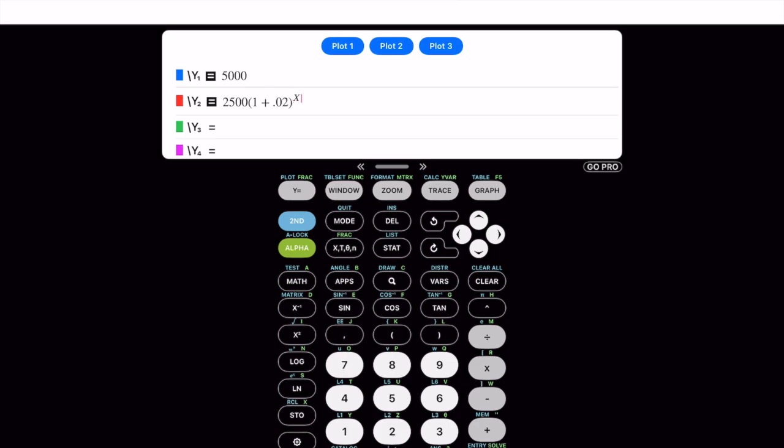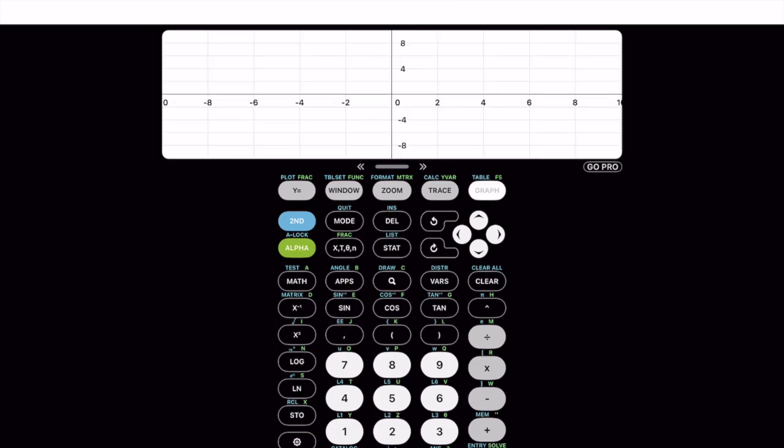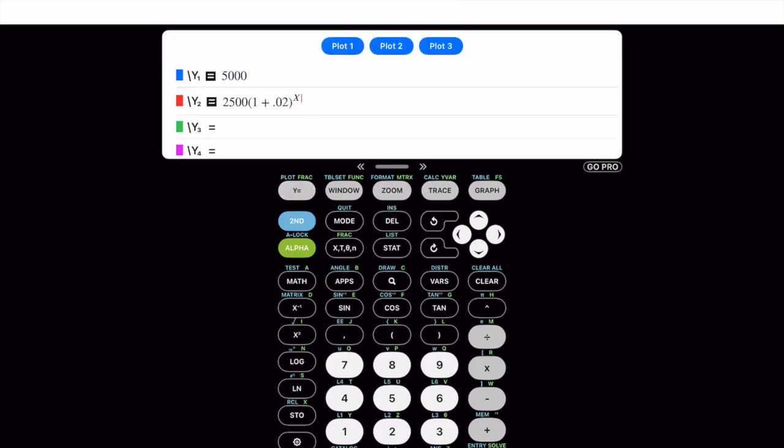After you have those in the equation portion, you're going to hit graph. I'm going to have you hit graph real quick so you can see these equations being graphed. What you notice is you do not see these equations being graphed, because when you look back at them, your y1 value is 5,000.